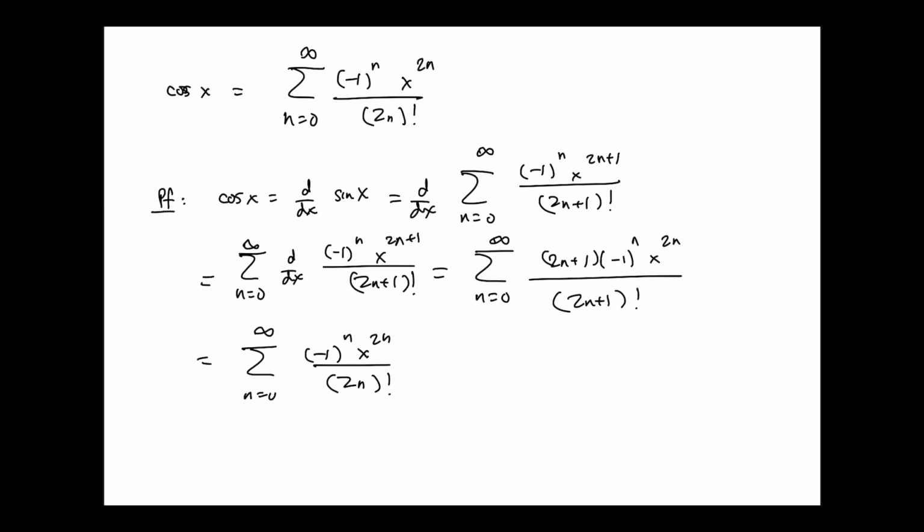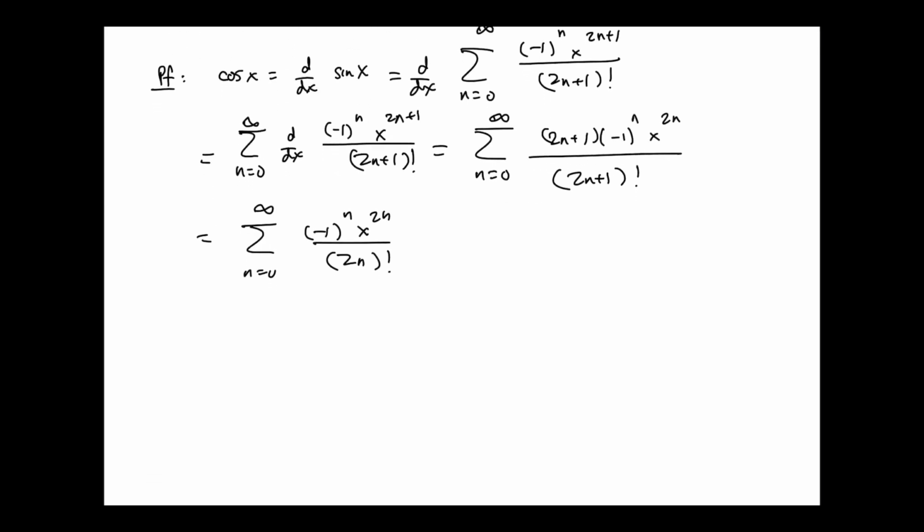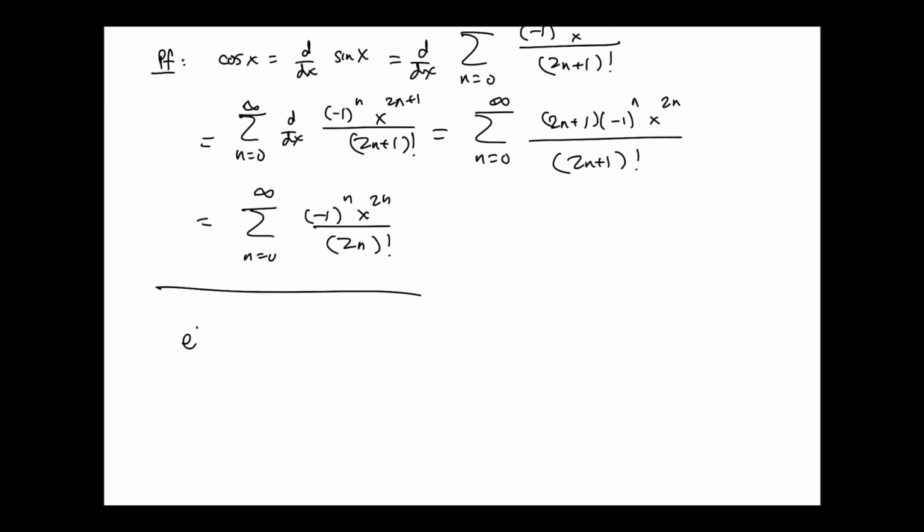What's the series for e to the x? It's this, x to the n over n factorial.